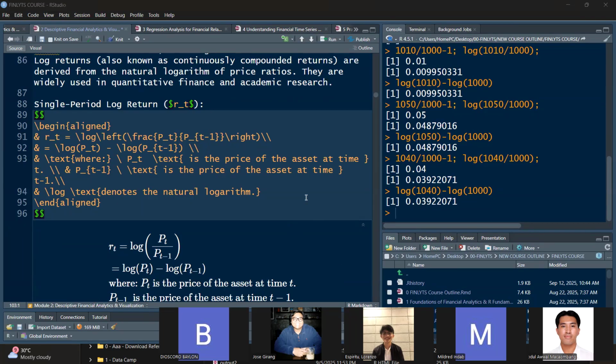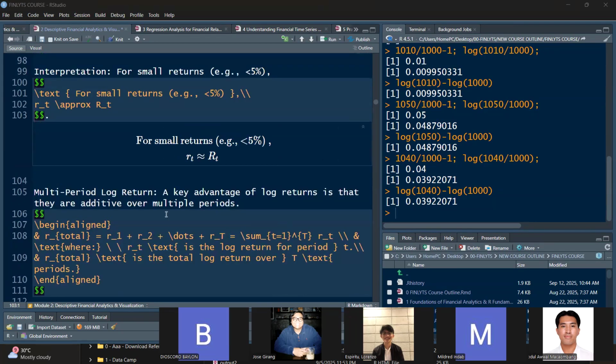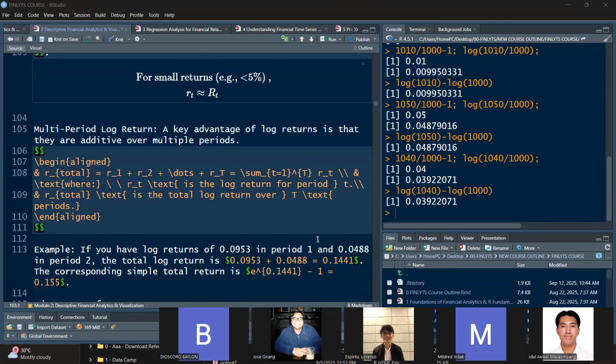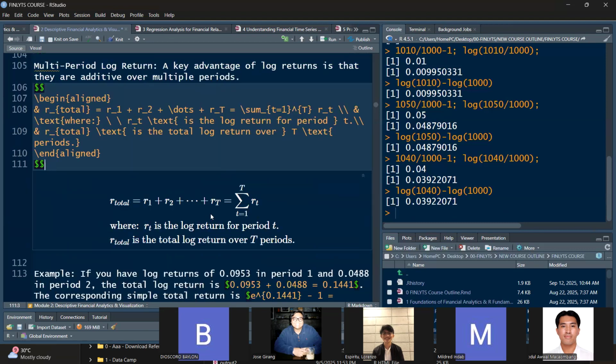Okay, good. Now this time, class, for multi-period. We already studied simple return, single period, simple return, multiple period, and log return, single period. This time, this is your multiple-period log return.